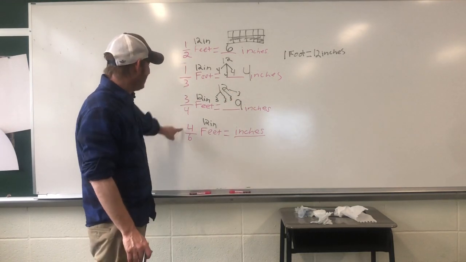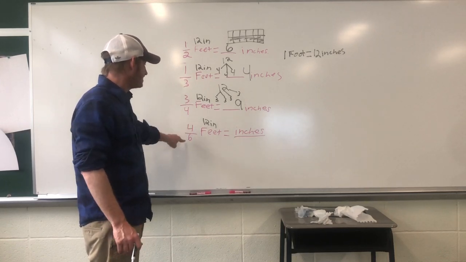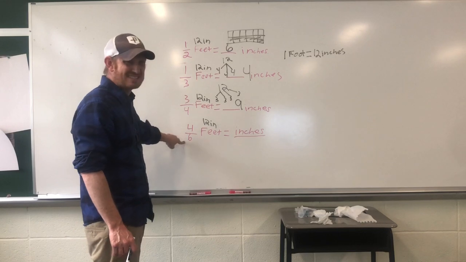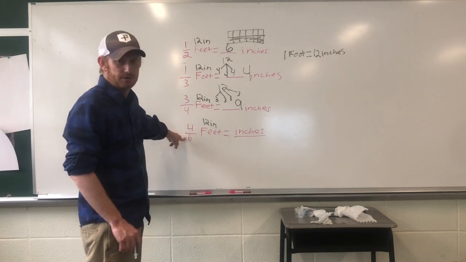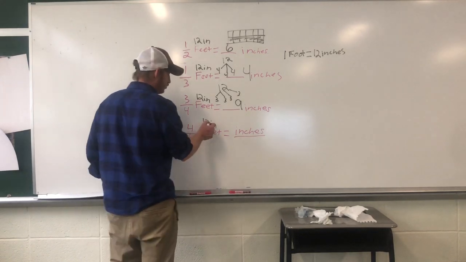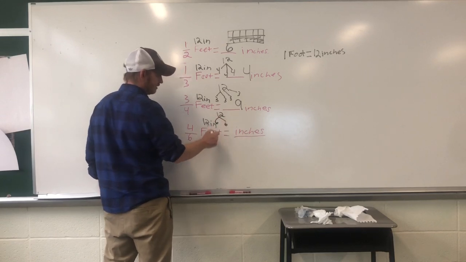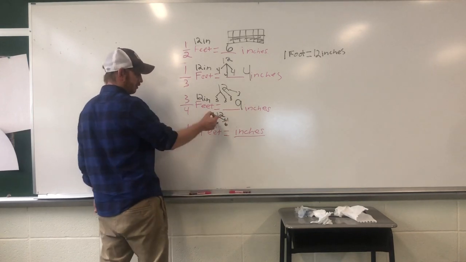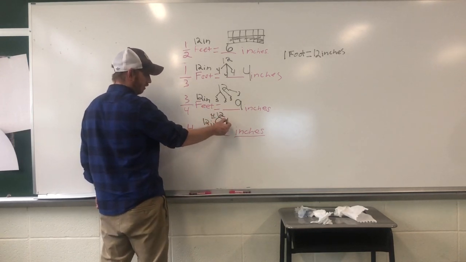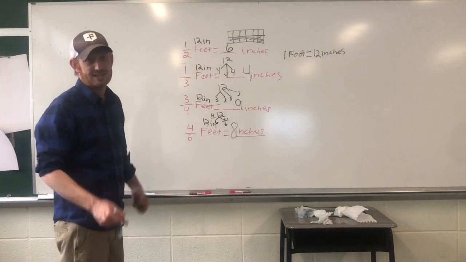And then lastly, 4/6 of 1 foot, sorry. 4/6 of a foot. So again, we have 12 inches. 12 could be broken down into 6 and 6. And I have 4/6. So 4 and 4 is 8. 4/6 would give us 8 inches.